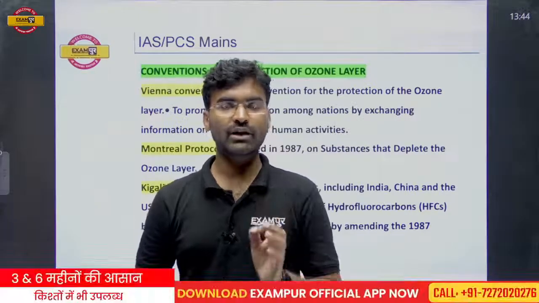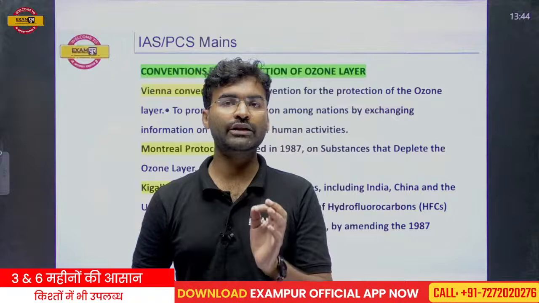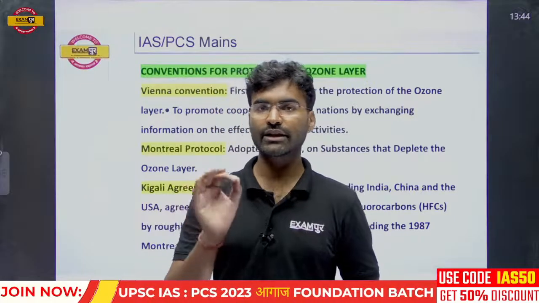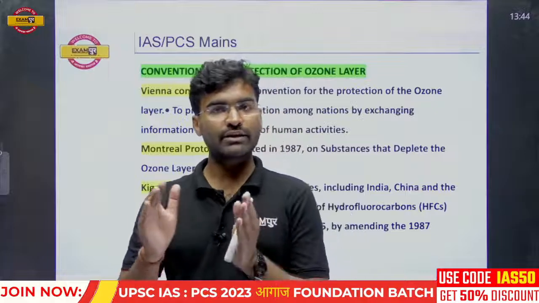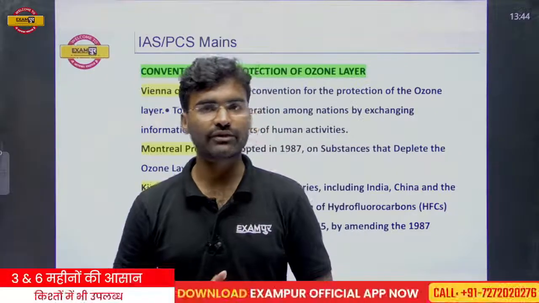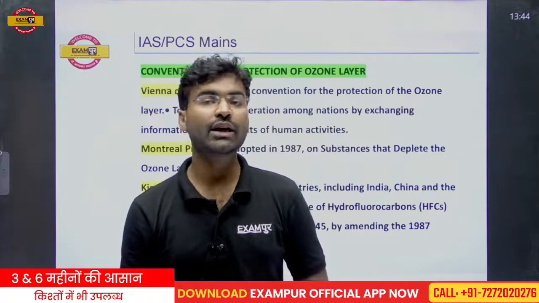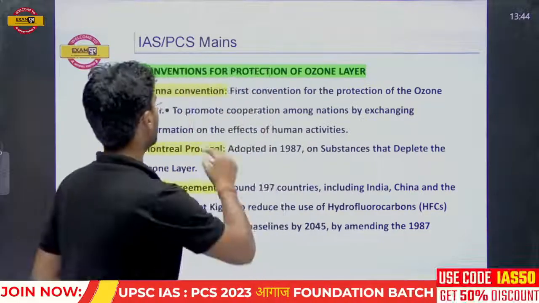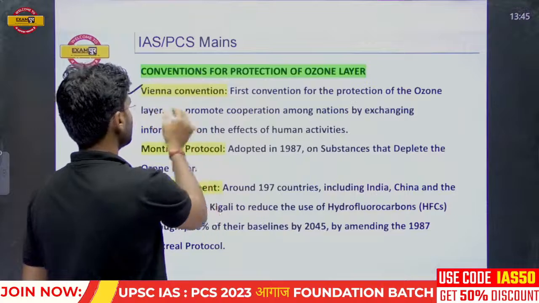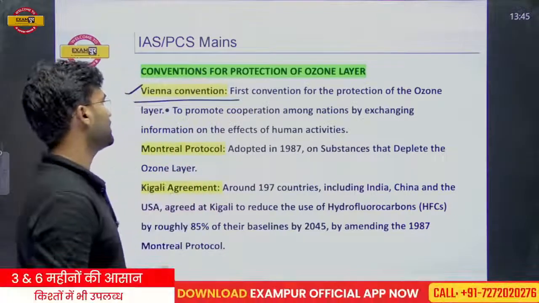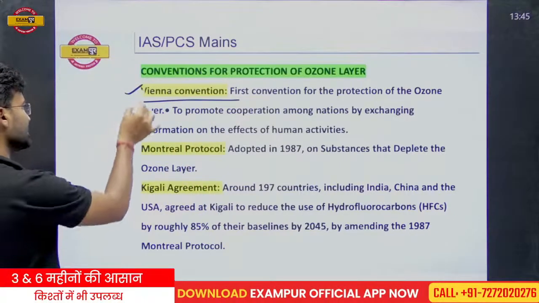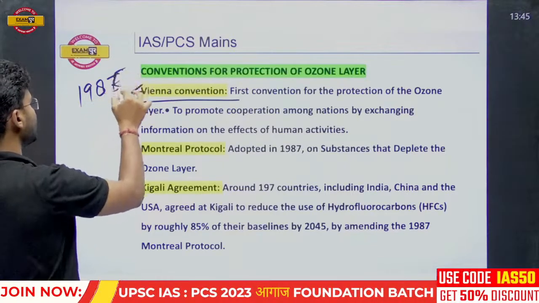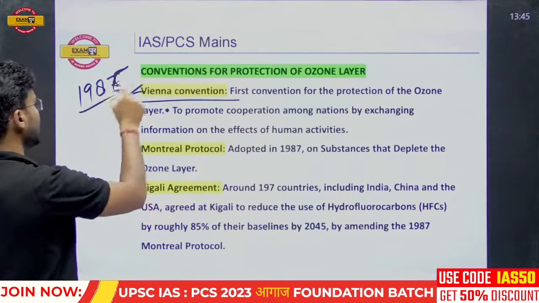In 1985, the entire world convened in Vienna, and this meeting is called the Vienna Convention. The very first time, the conservation of the ozone layer was taken into account in the Vienna Convention.